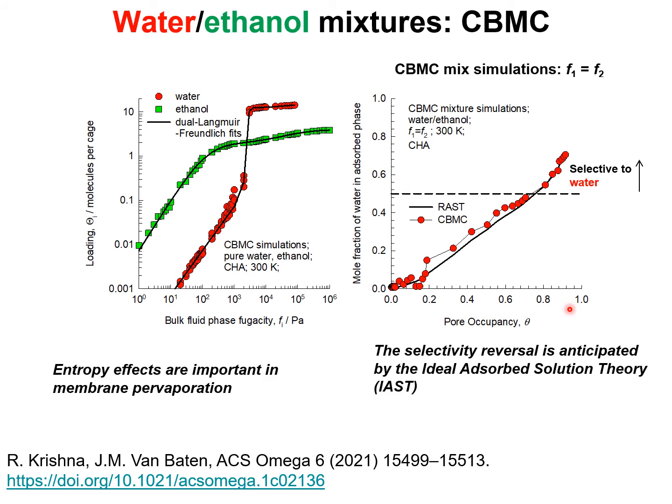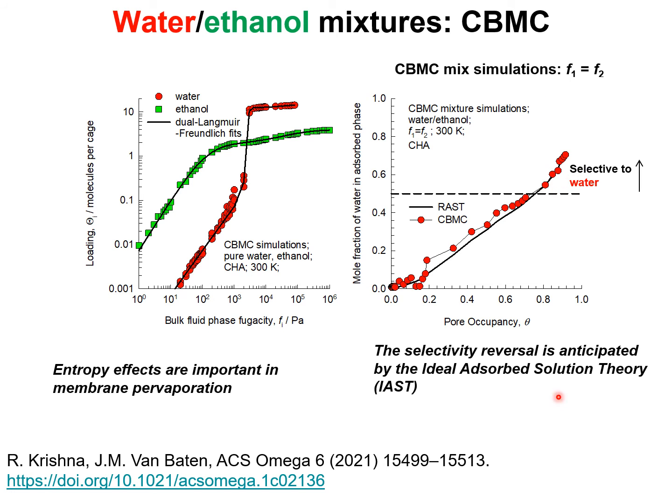At low pore occupancies, the mixture adsorption is in favor of ethanol that has the higher binding strength. However, for pore occupancies larger than about 0.8, the selectivity reverses in favor of water, because the vacant adsorption sites within a cage are more easily filled with the smaller water molecules, and ethanol is entropically challenged in comparison with water.